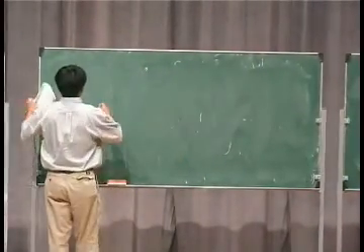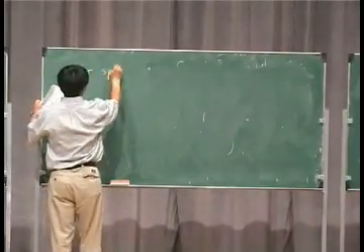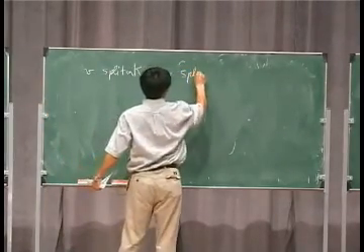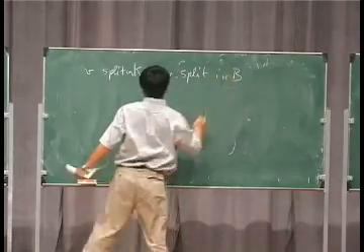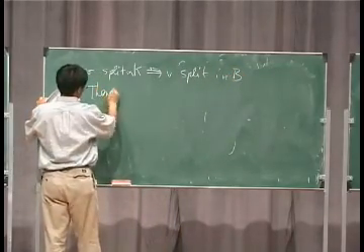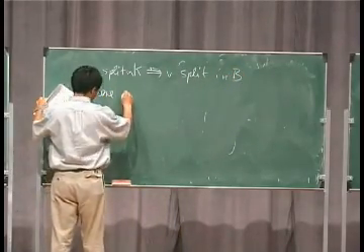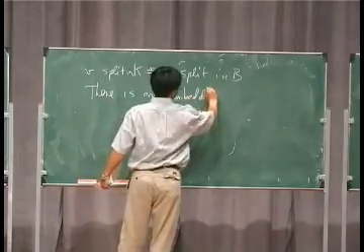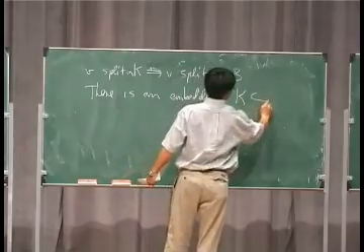One thing is very important: v split in K implies v split in B. That means one can find an embedding of K inside B.